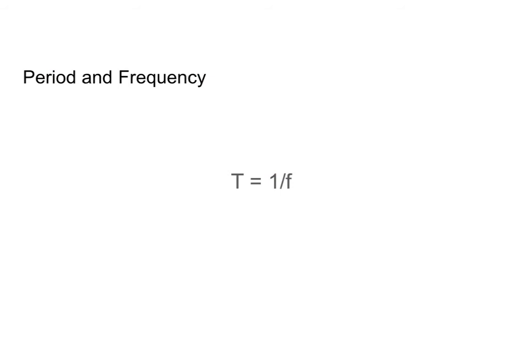So before I take us to takeaways, I really carefully and clearly want to go over that relationship between period and frequency, because this is something that's going to be really fundamental to our unit going forward. And again, the relationship is that our period is equal to 1 over our frequency. We can see that relationship in the definition of period and frequency. So our period is the time for one full cycle, and we're going to measure that in seconds.